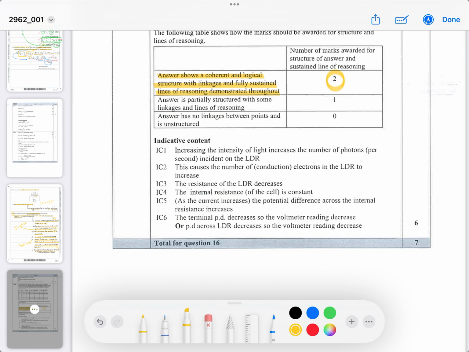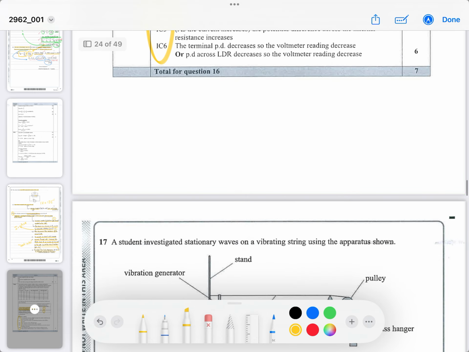And if there's a little bit of confusion, you could just get 1 mark. Yeah, and you can see this is the content they're looking for, which will be very similar to what I've explained. And I'll let you stop the video and have a look to see if what you've written merits a mark or not, and you have to judge that for yourselves.